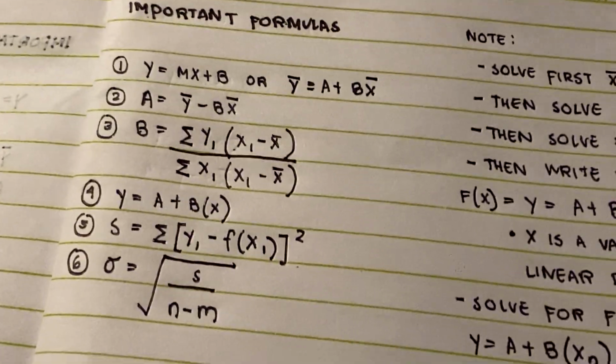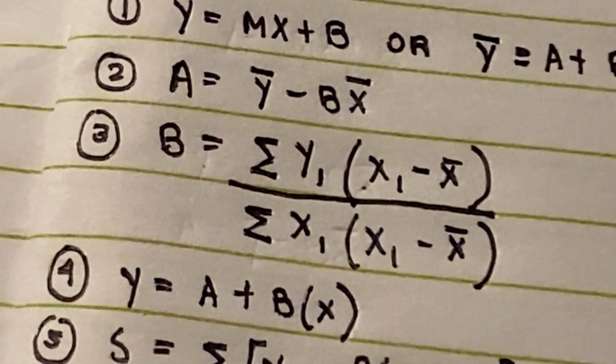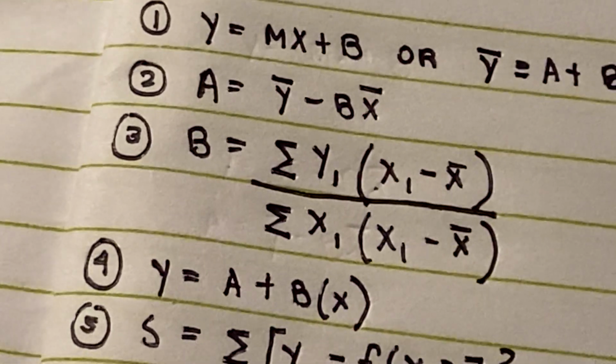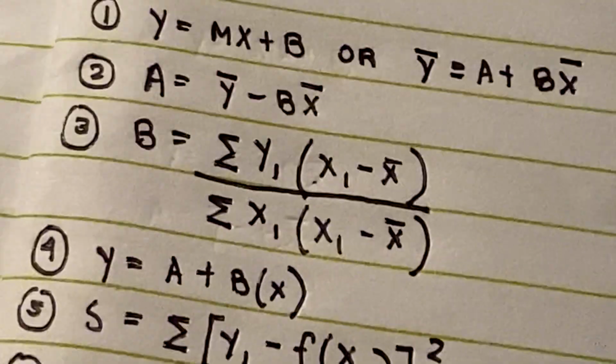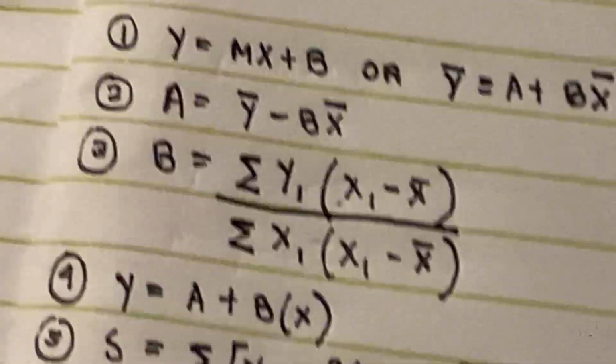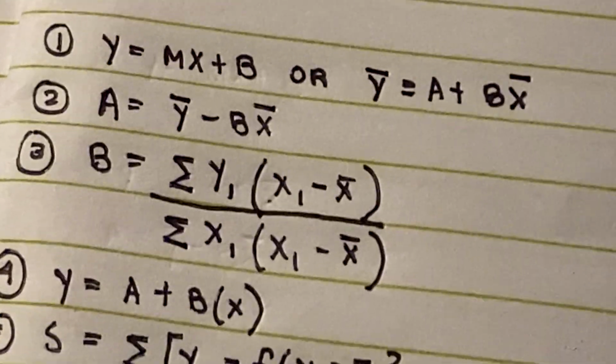So, what is the formula for b? Ito yung formula ng b, yung number 3 formula: b equals summation of y observations times x observations minus x bar, over summation ng x observations times x observations minus x bar.